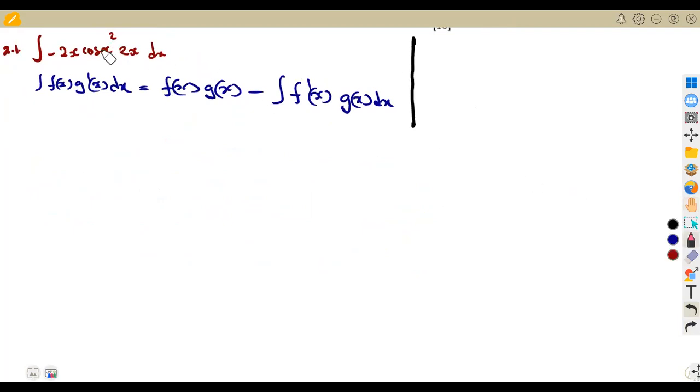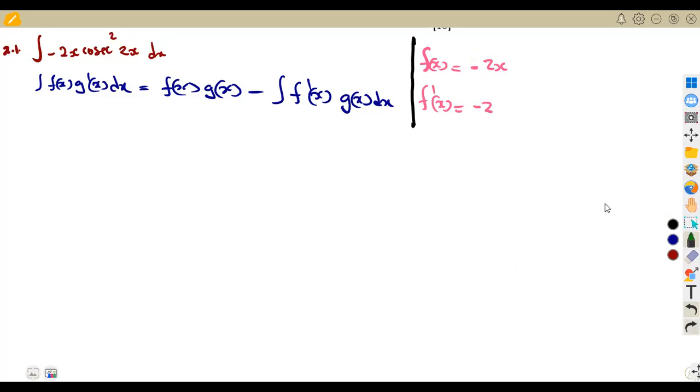Okay, so if we choose our f of x to be the algebraic, which is best in this case, which is minus 2x, it means we're going to need the first derivative of this, which is -2. Remember, guys, this is normal algebraic.